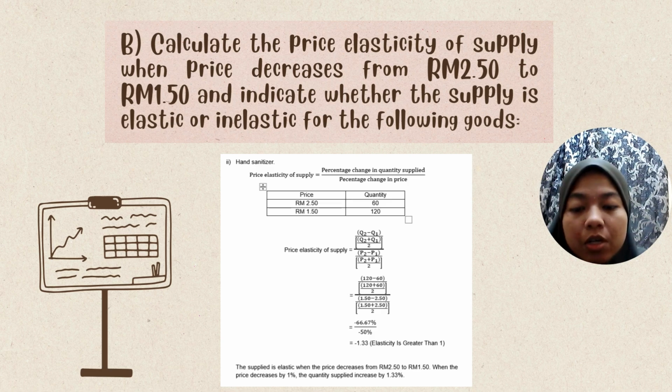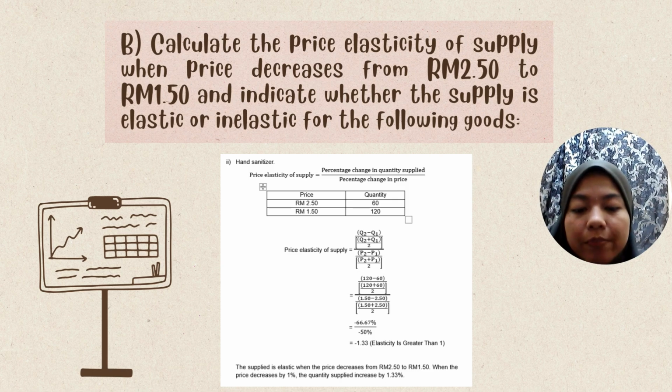The formula for price elasticity of supply is Q2 minus Q1 divided by the bracket Q2 plus Q1 divided by 2, then divided by P2 minus P1 divided by the bracket P2 plus P1 divided by 2. Enter the value in the formula and then we calculate.